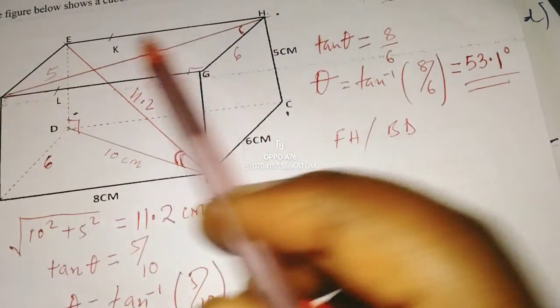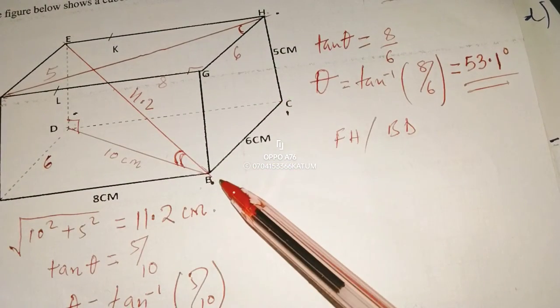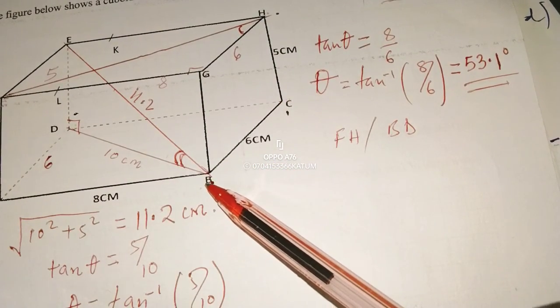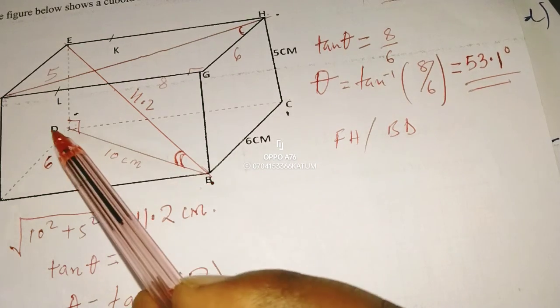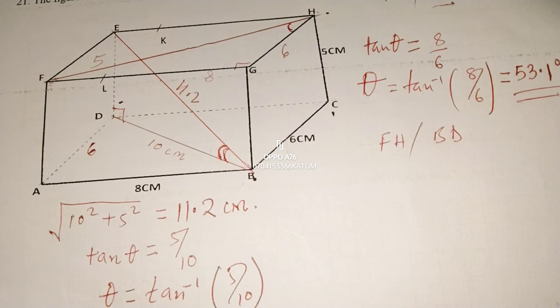So FH is here, but BD is at the base. So again, we're going to do translation, because we just have to translate the lines so that they may be on the same plane.